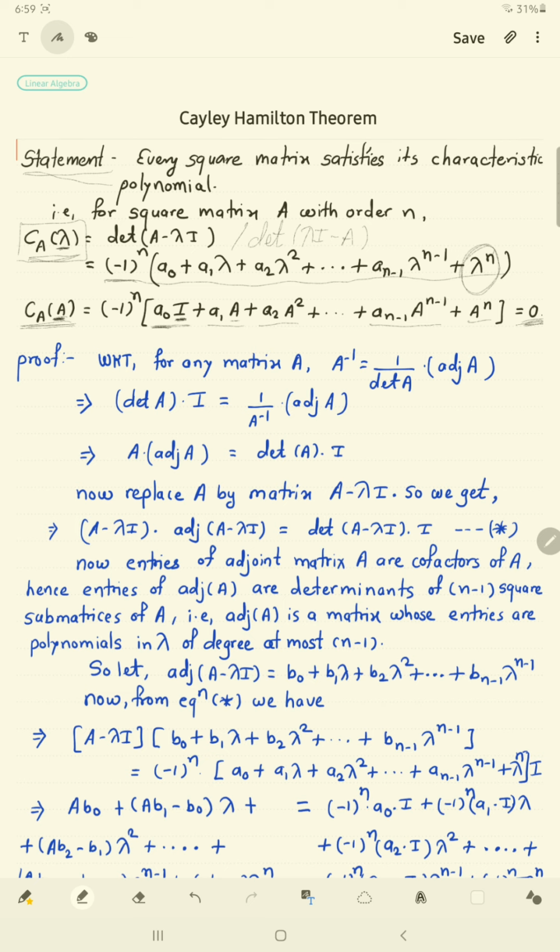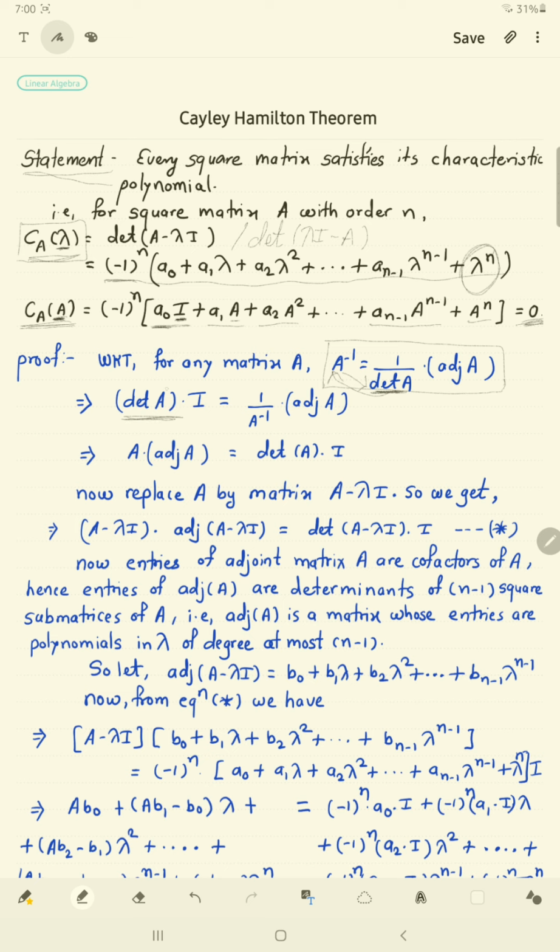Proof: as we have learned, A inverse is 1 upon determinant of A into adjoint of A, we all know this. If I replace A inverse and determinant of A, I get determinant of A is equal to 1 upon A inverse into adjoint of A. Here A inverse is a matrix, adjoint of A is a matrix, but on this side determinant of A is some value.